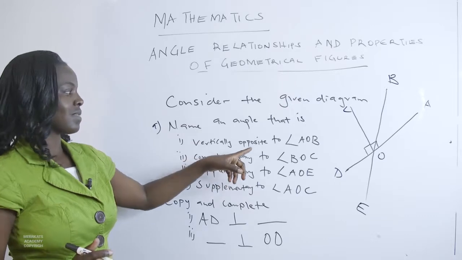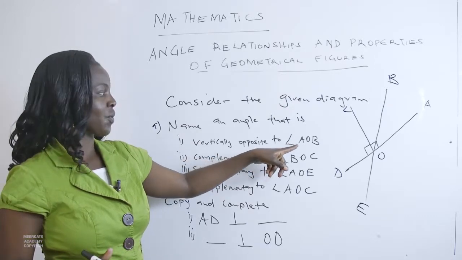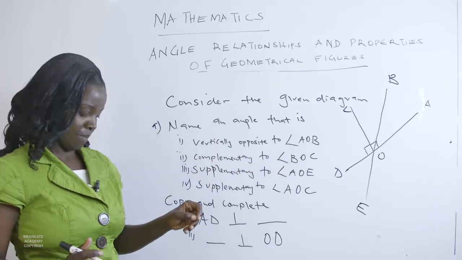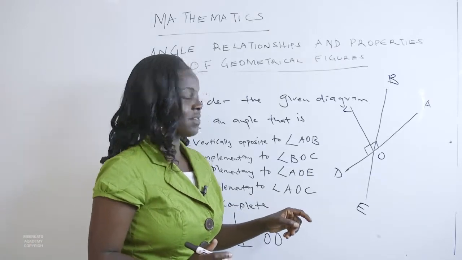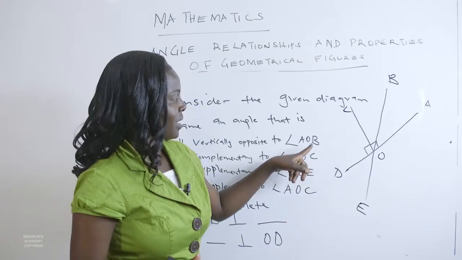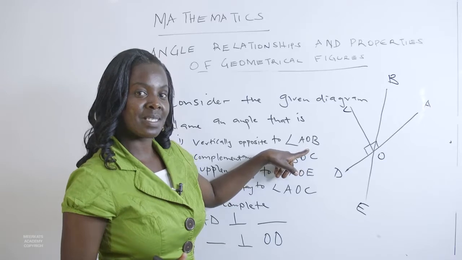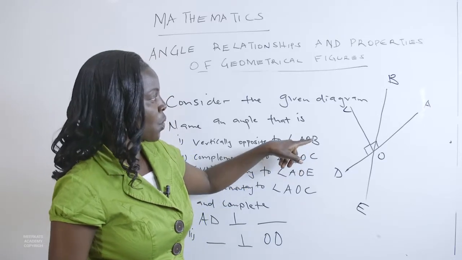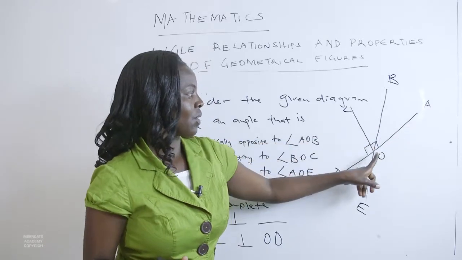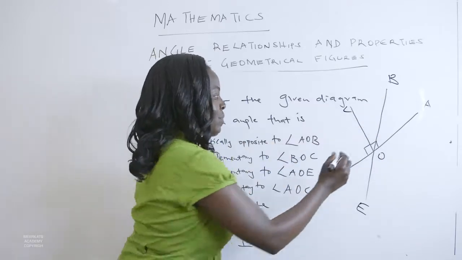Name an angle that is vertically opposite to angle A or B. So which is this angle? Let's identify angle A or B. The vertex is at point O. A or B, so we're talking about this angle here.